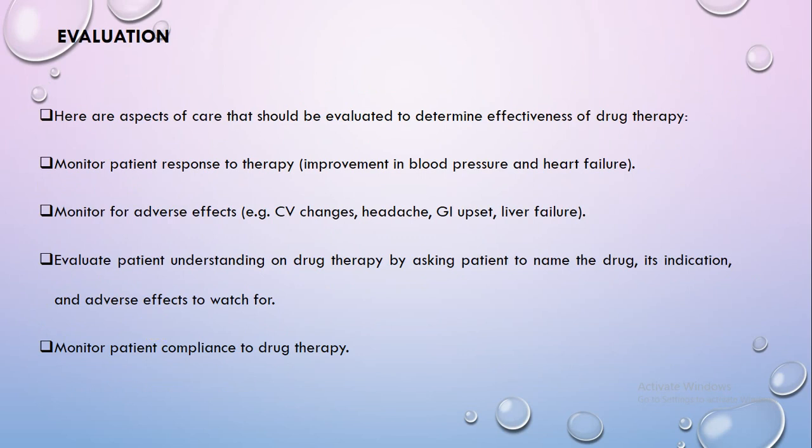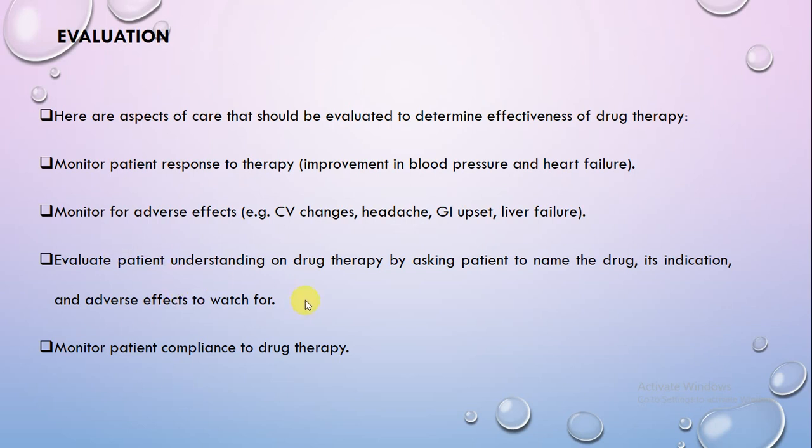Evaluation should be done. Here are the aspects of care that should be evaluated to determine the effectiveness of drug therapy. You should monitor the patient's response to therapy, such as improvement in blood levels in heart failure. Monitor for adverse effects, for example, cardiovascular changes, headache, gastrointestinal upset, and liver failure.